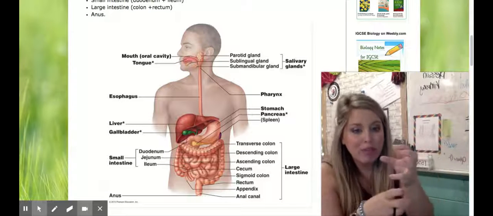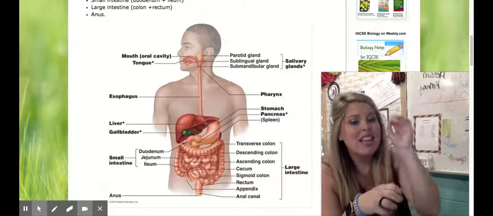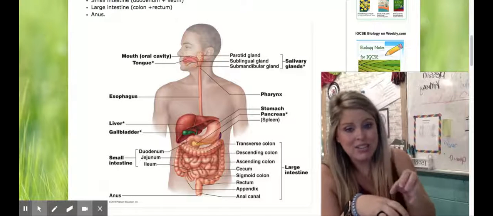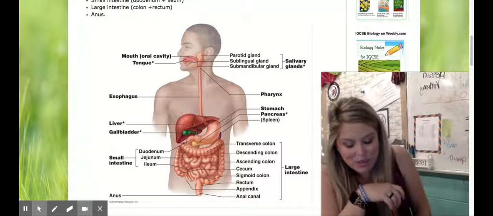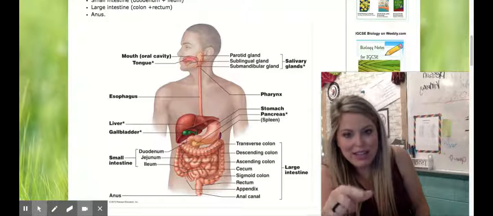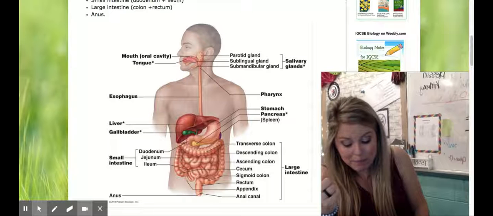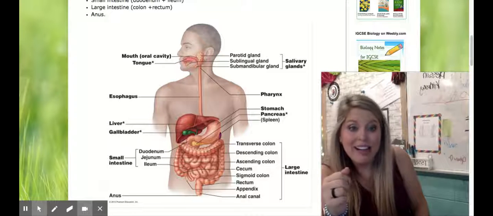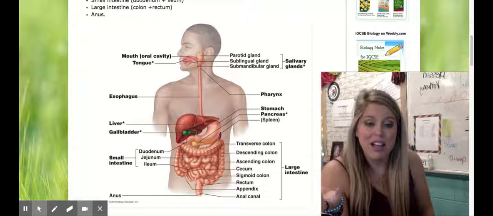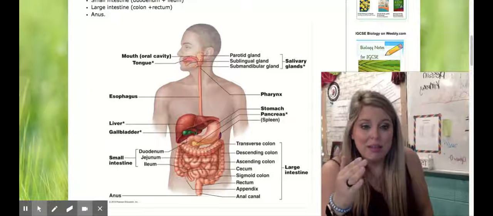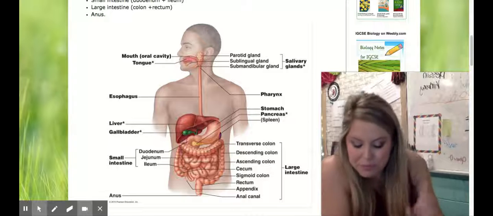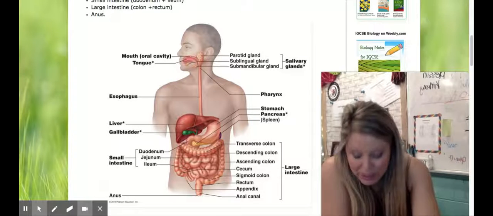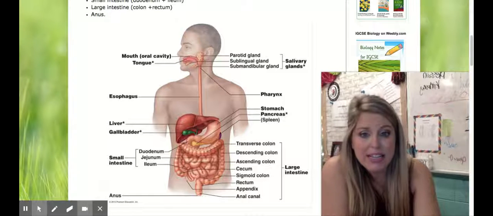We have whatever is that roughage, the material that we did not digest, the material that we've got to egest and get rid of, that's going to ultimately find its way down to the colon and the rectum. And then it will be egested out of the last portion of our digestive system, or the alimentary canal, which is the anus.